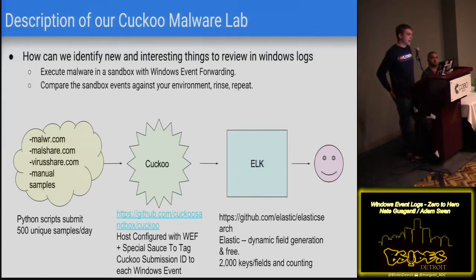If you're interested in how to get that set up, you can always reach out to us. But that all goes into ELK, and then from there, we start doing queries and looking for new and interesting events. ELK is very powerful. In the Kibana interface, if you're familiar with it at all, you hit that tag button, and you can whitelist or do the query very quickly.